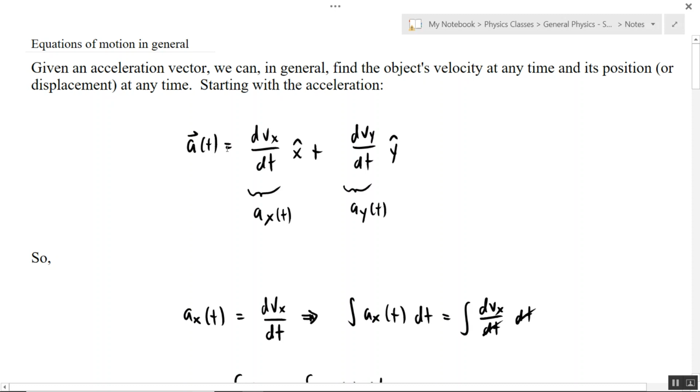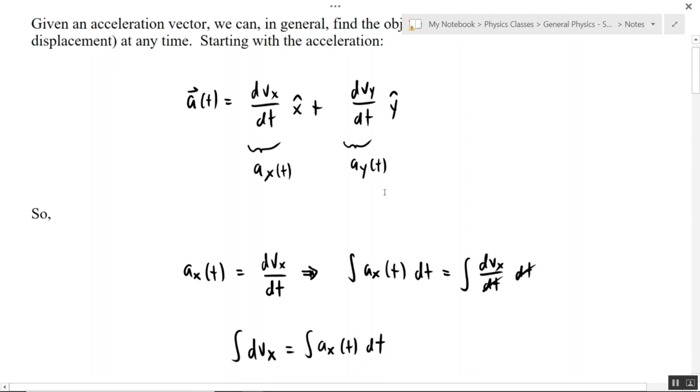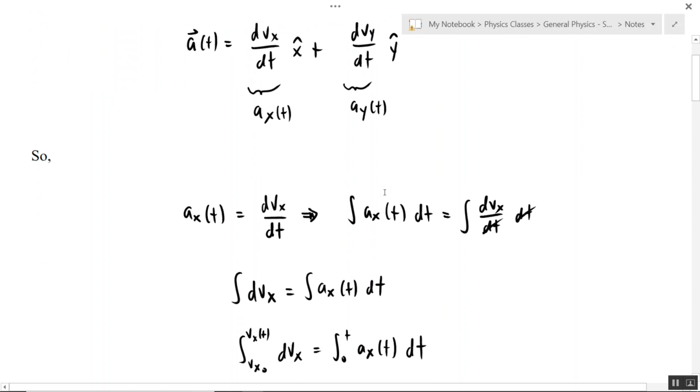It's the derivative of the velocity vector, right? We just went over that. So the derivative of the x component of velocity is the x component of the acceleration. Derivative of the y part of the velocity is the y part of the acceleration.